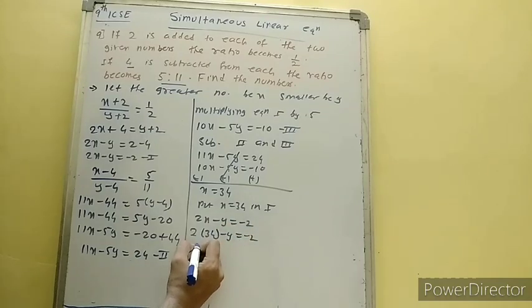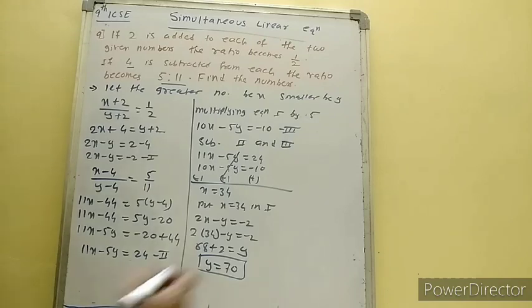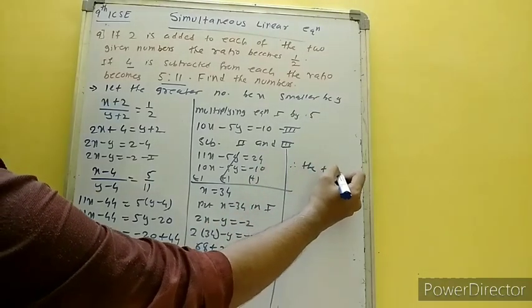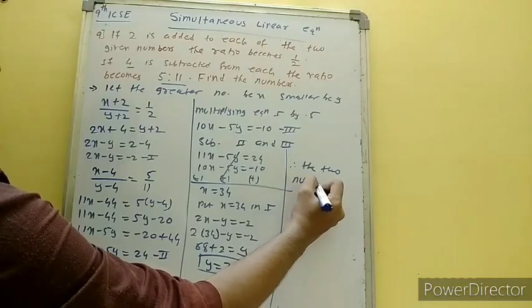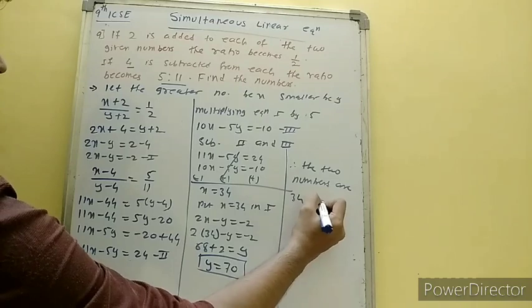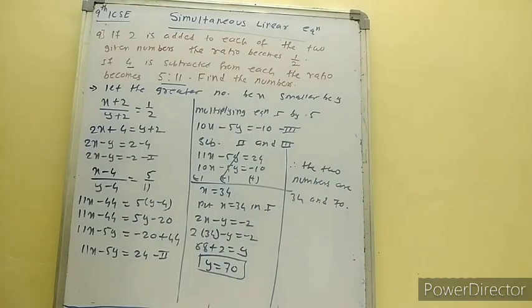We have 68, minus 2 will come here and become plus 2, minus y will go there and become plus y. So we have y is equal to 70. Therefore the two numbers are 34 and 70.